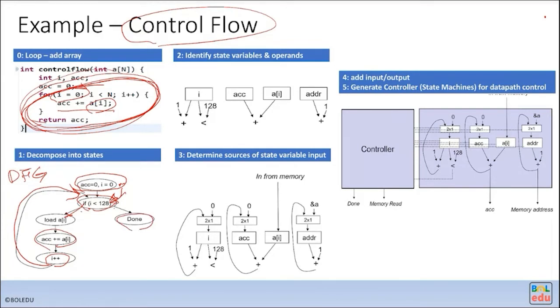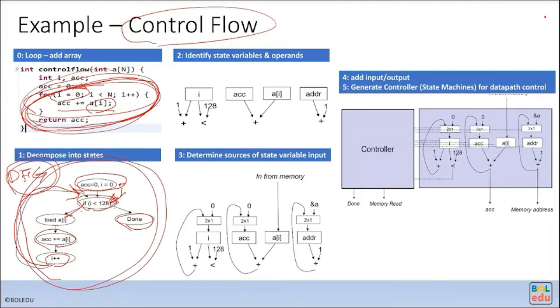Okay, so based on this, the compiler technique is easy. You can generate the flow control graph. And in the flow control graph, you want to identify the state variables. In this example, you can think of a state variable as a register. I need to identify certain registers that you need to keep those values across clock cycles.